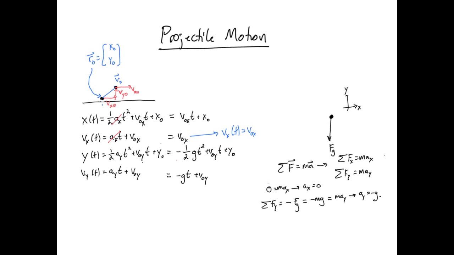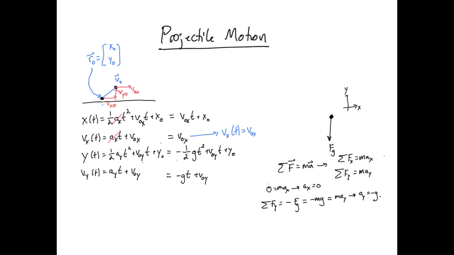The velocity in the y direction will be described by this equation. So specifically the velocity in the y direction as a function of time starts at this constant value when t is 0, but as t gets bigger and bigger, it will contribute a negative g times t to this equation. So specifically, this thing will start out here as a positive value because it's pointed upwards, but it will get smaller and smaller and possibly go negative as t gets bigger and bigger.